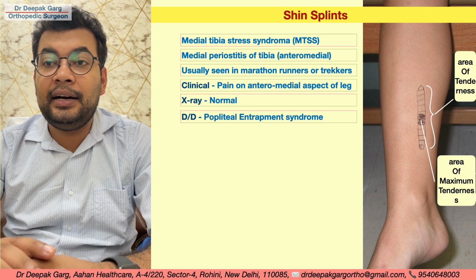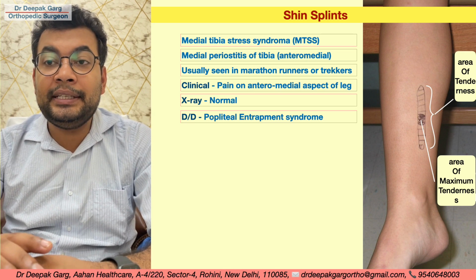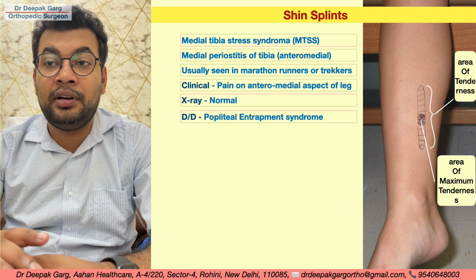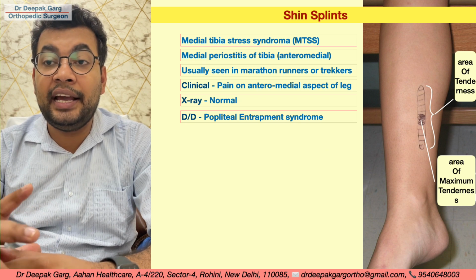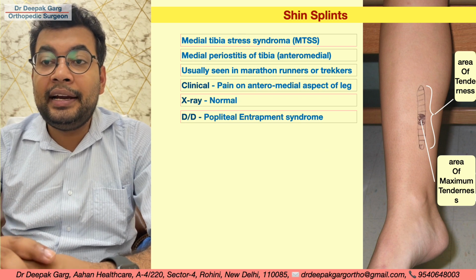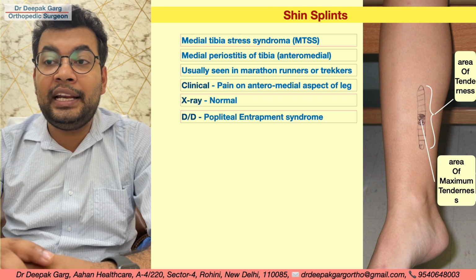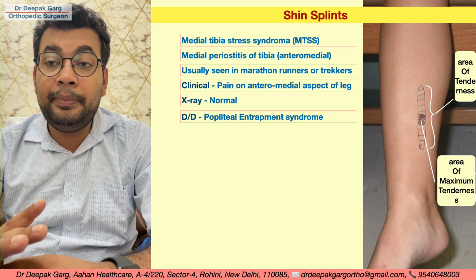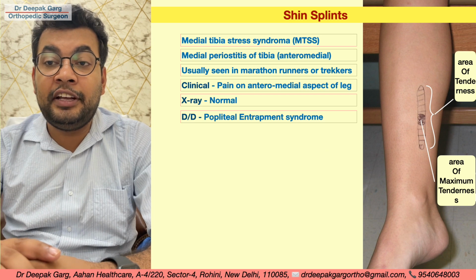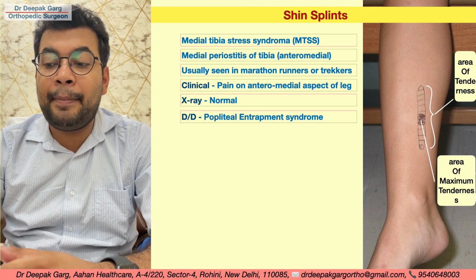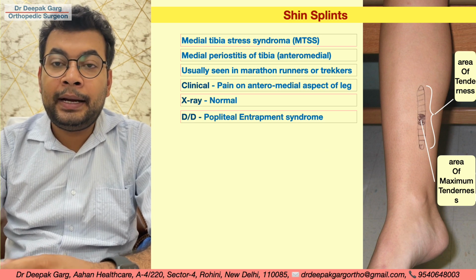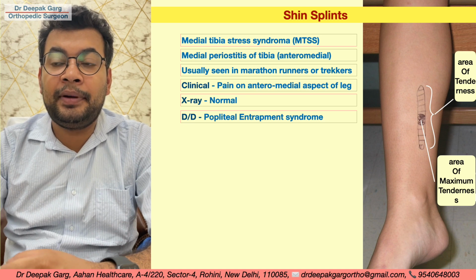Clinically it is usually seen in patients who do marathon running, or trekkers, like high activity patients. Clinically, there is pain on the anteromedial aspect of the leg, x-rays will usually be normal, and the differential diagnosis is popliteal entrapment syndrome. Treatment is rest, ice, sometimes immobilization.